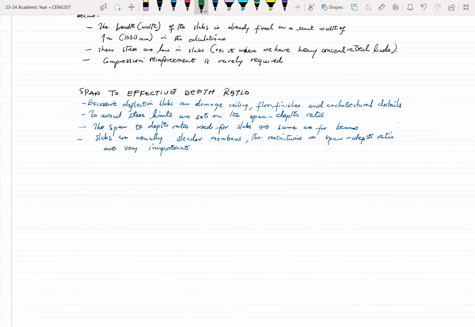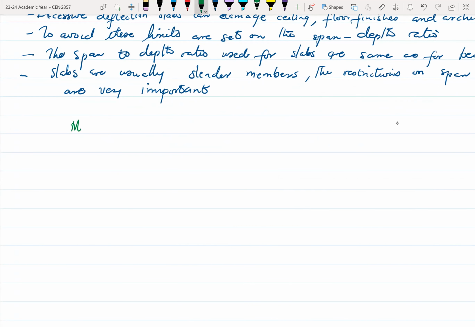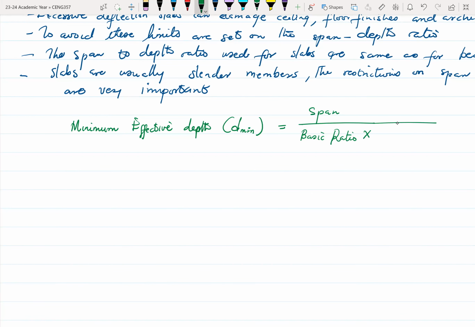All right. So the equation for that, which is the minimum effective depth, is equal to the span divided by what we call the basic ratio times the modification factors.